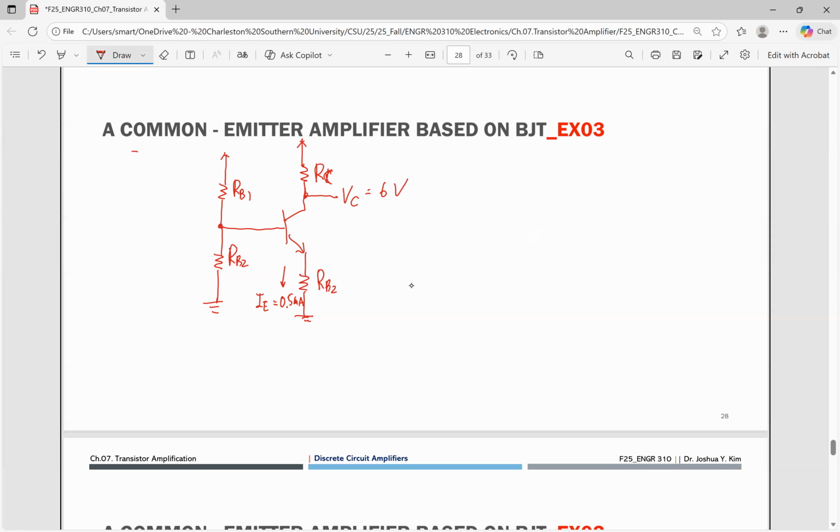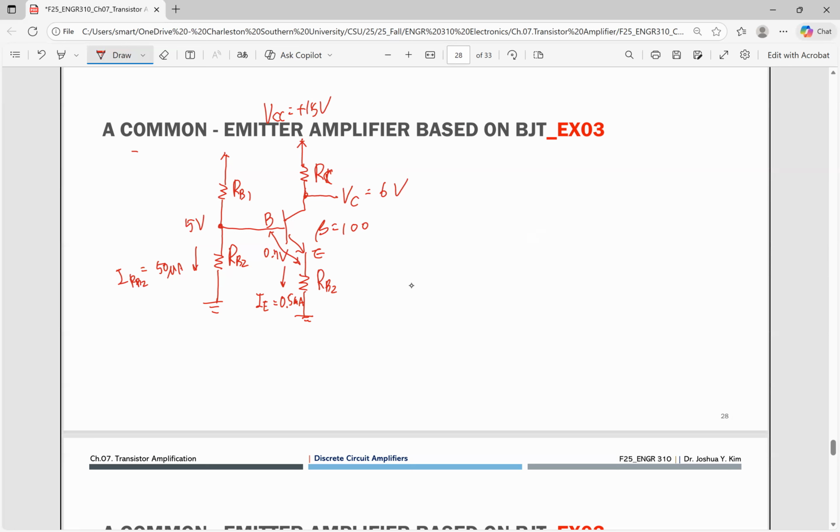We need to design a circuit for a DC voltage at the base of 5 volts, and the current through R sub B sub 2 is 50 microamps. This is R sub B sub 2. Now let V sub CC be 15 volts, beta 100, and V sub BE 0.7 volt.